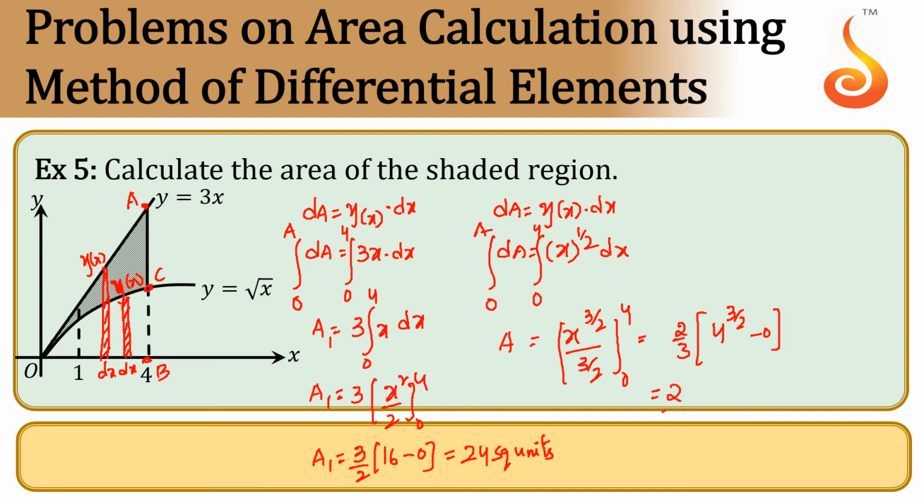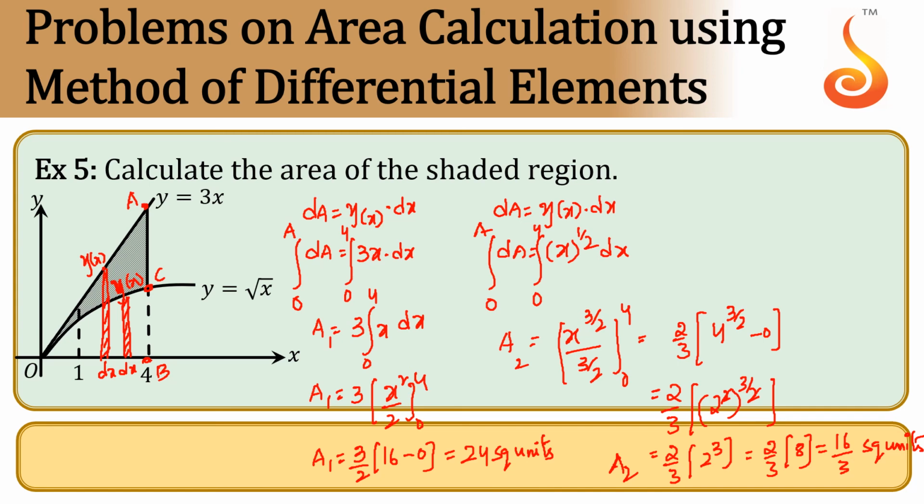So 2 by 3, and 4 can be written as 2 square whole power 3 by 2. The 2s get cancelled. So we get 2 by 3 times 2 cube, and 2 cube is 8. So 16 by 3 square units. So this is A2.